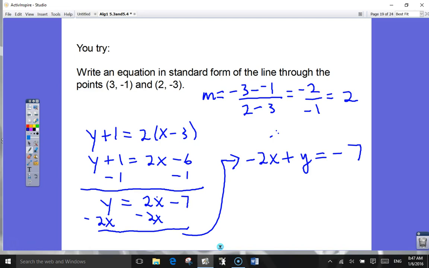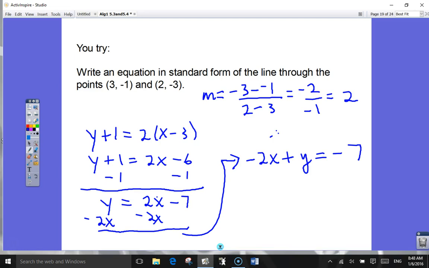I mean, what if at this point, or even right here, I subtracted y over here and added 6 over here? Then everything would have opposite signs, but it's still the same. A lot of times when you're using standard form, they say that the leading coefficient should be positive, but not all the time. So we'll be okay with -2x being the leading term, even though it's negative. But if you wanted to change that, then just change everything: 2x minus y equals 7.